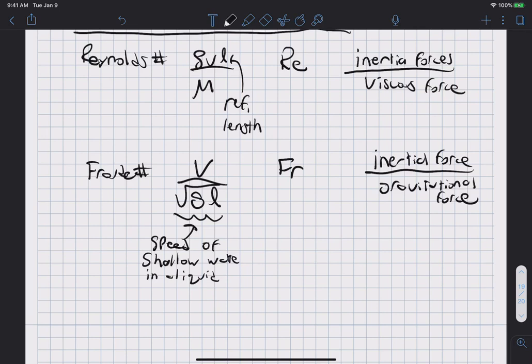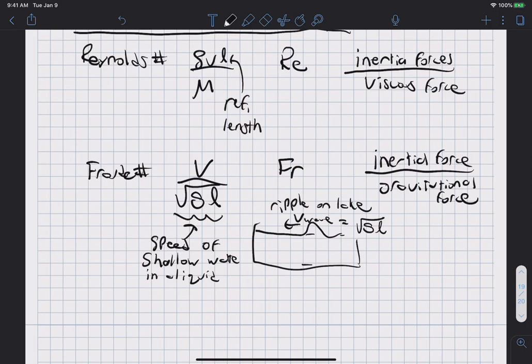In other words, if you have, say, a lake and there's a ripple on the surface, that's going to move at some velocity v wave, and that v wave is equal to square root of g times L, where L is typically the depth.